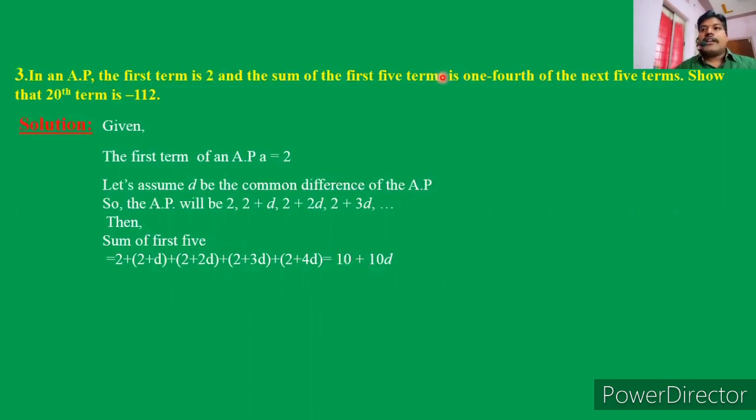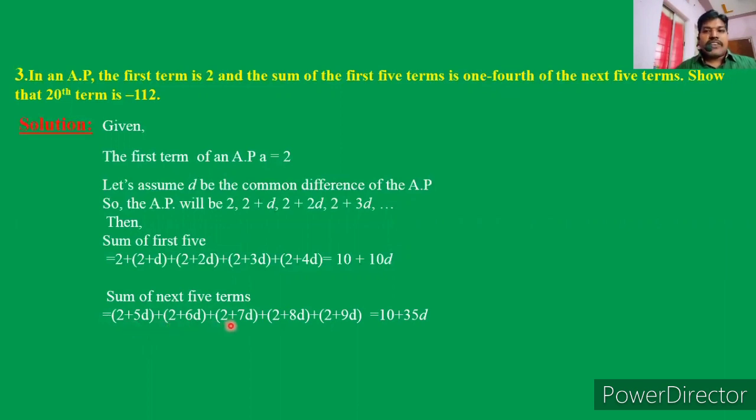Now take the next condition in the question: it is 1/4 of the next 5 terms. What are the next 5 terms? We have to add the 6th, 7th, 8th, 9th and 10th terms. The 6th term is A plus 5D, the 7th is A plus 6D, the 8th is A plus 7D, the 9th is A plus 8D, the 10th is A plus 9D.